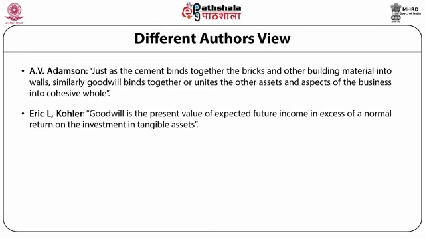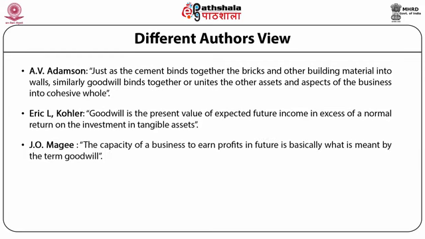According to Kohler, goodwill is the present value of expected future income in excess of a normal return on the investment in tangible assets. According to Maggie, the capacity of business to earn profits in future is basically what is meant by the term goodwill.